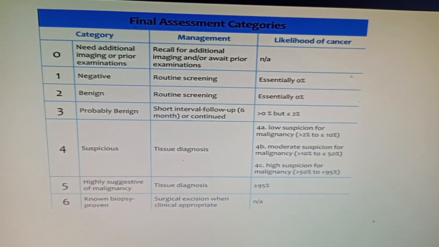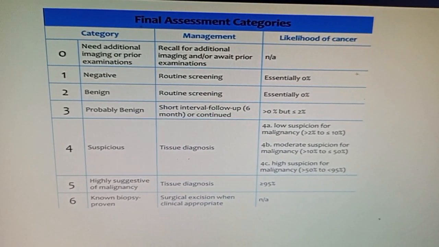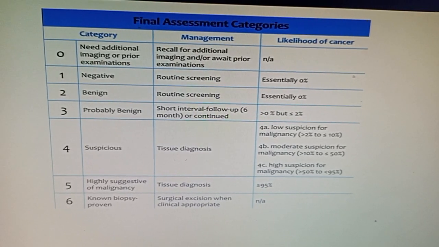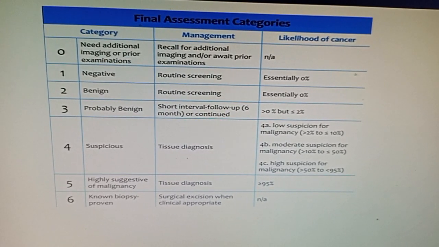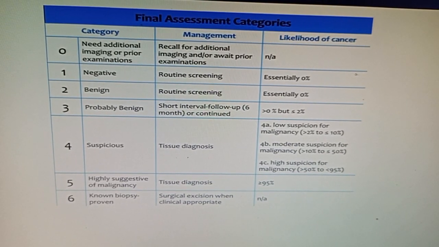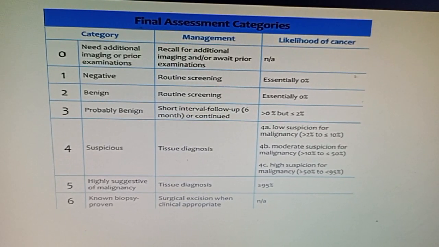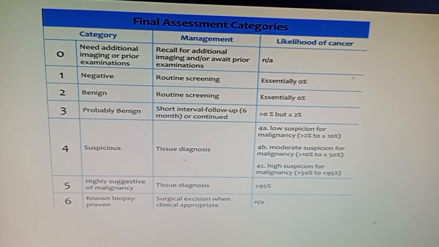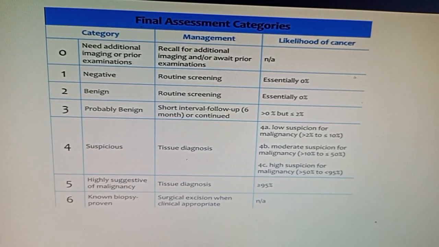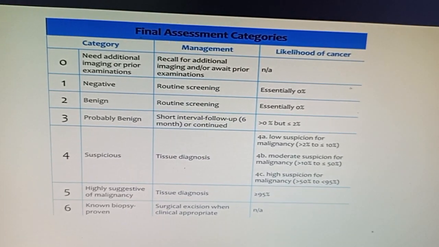So most of the breast lesions which we see on the ultrasound or mammogram are benign, probably benign, or maybe in 4, 5, or 6 category, like the suspicious, highly suggestive of malignancy or known biopsy proven cases. Now we will discuss these lesions, how we can categorize them on the ultrasound and the mammogram.